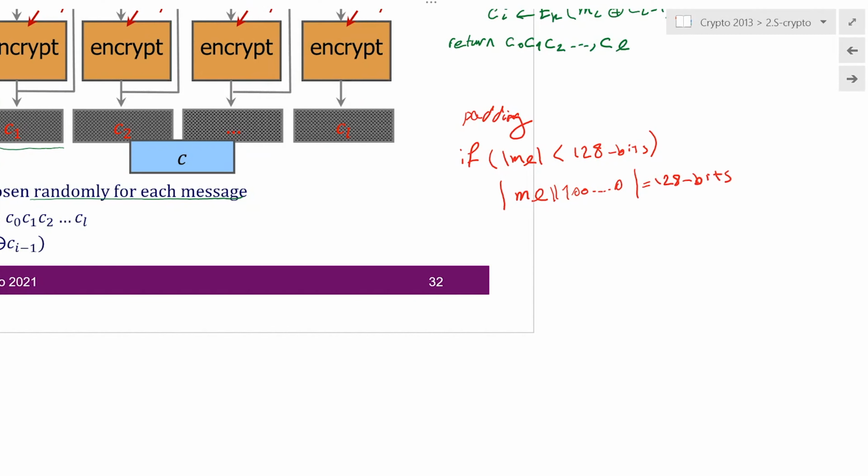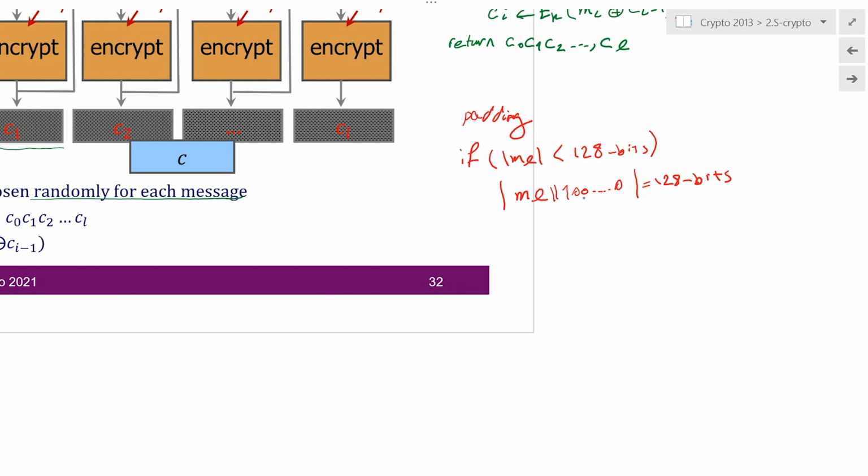So then we are putting a pattern. If the recipient receives this block ML, he's going to start from the end until he finds the first 1, and he knows that he has to discard all of those bits because those are not part of the plaintext, part of the message, and then he would just ignore all of them.